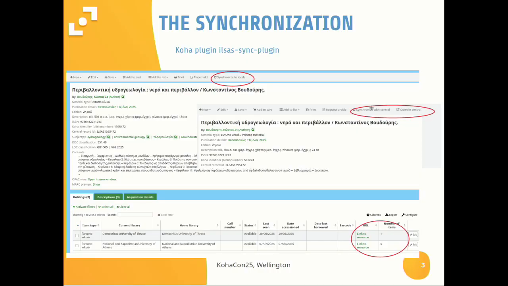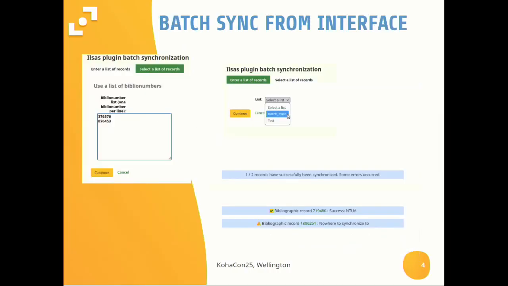The synchronization can be done from the interface when cataloging, record per record, one at a time. And we can also do batch synchronization from the interface, from a Koha list or by adding the biblio numbers in the field.